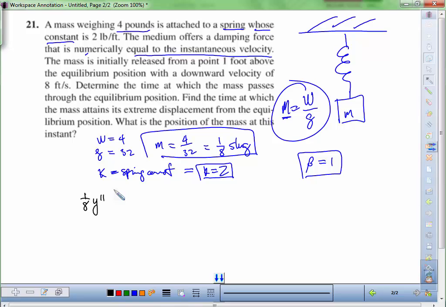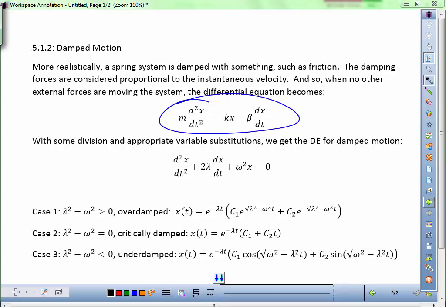They use x. Just know that x is a function of t, and that's what we're looking for. It is equal to, and you have to be careful following this equation properly. On the other side of the equal sign, these are all negative contributions, so we have to make sure we put that negative sign.